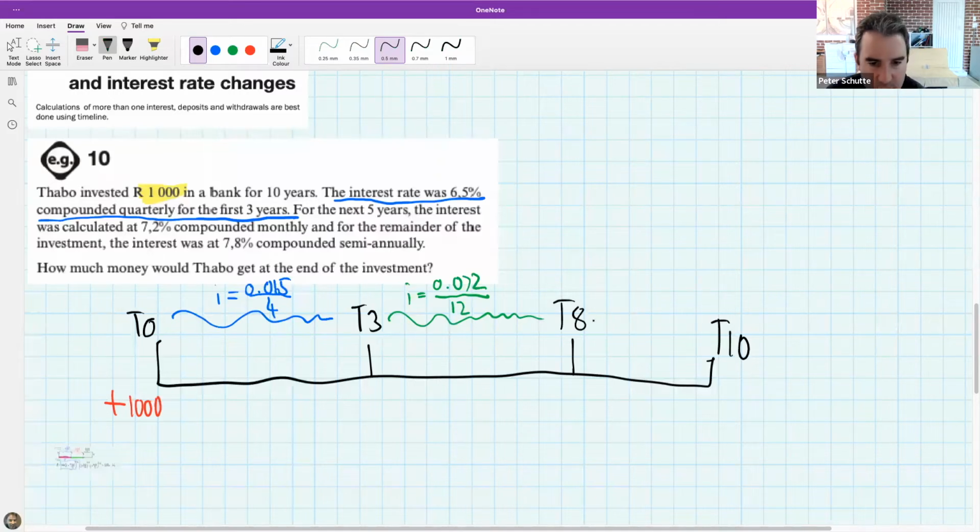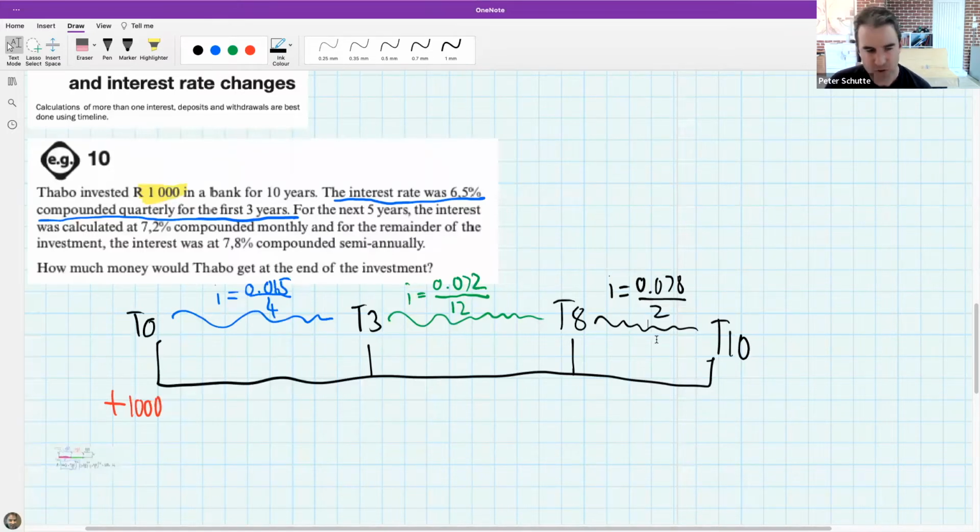And then for the remainder of the time, the interest rate is compounded semi-annually, which is divided by 2. Okay, so all I'm doing is storytelling at this stage. I haven't done any maths yet, but I think I've told a good story because it looks a lot easier to see what's going on with my diagram than what was going on in the text.